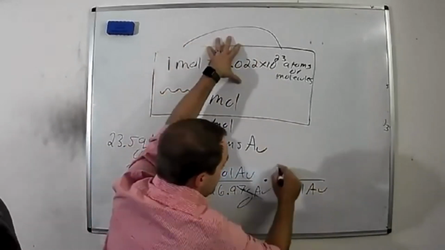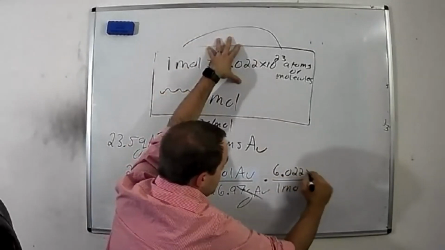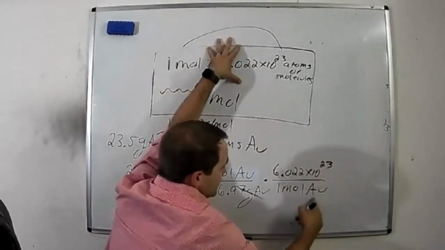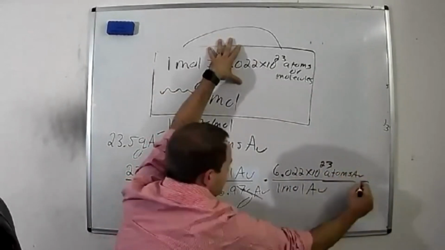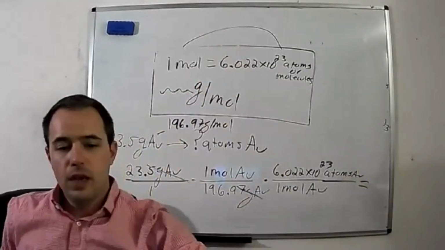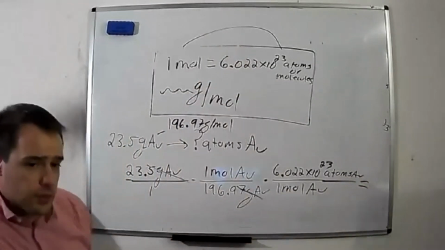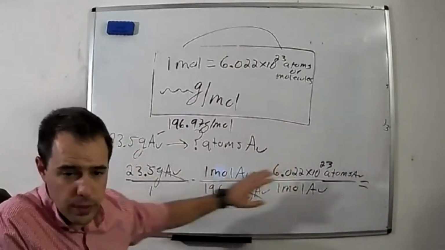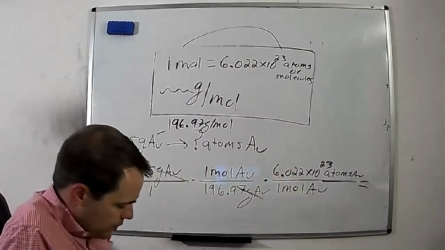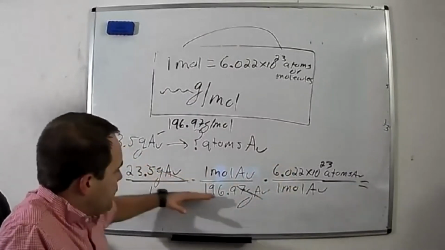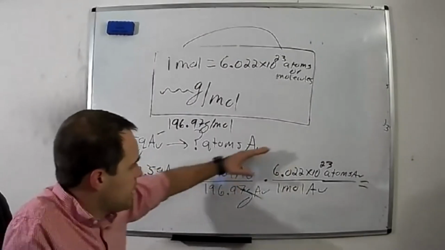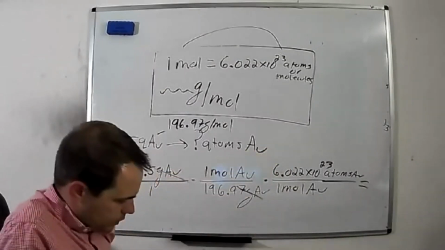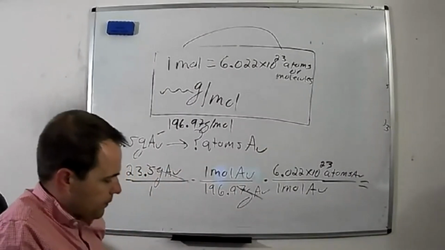and Avogadro's number, 6.022 times 10 to the 23rd, and since gold is just an atom, we use the word atom, goes on the top. And now you can grab your calculator and just work your way through it. So this is going to be 23.5 divided by 196.97 times 6.022 E23.